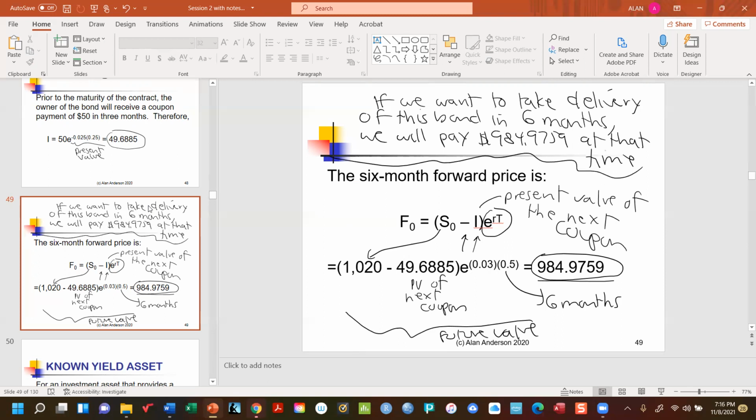All right, so in other words, that's what determines the value of this contract. We basically are entering into a contract that gives us the right to buy this bond in 6 months for $984.9759.